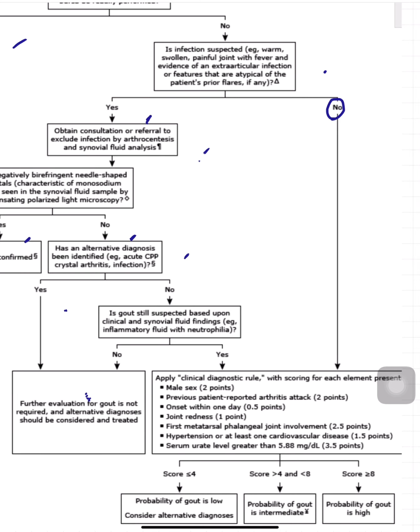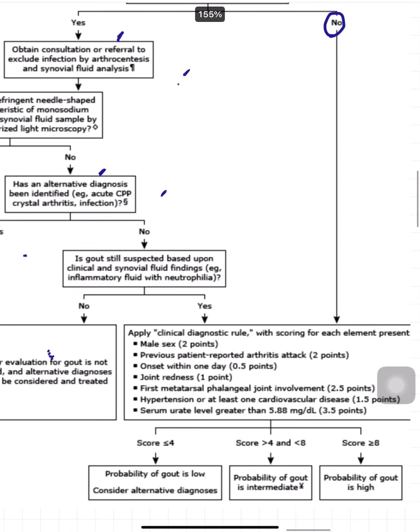and synovial fluid analysis cannot be performed, we can use the clinical diagnostic rule, which includes the risk factors for gout, like male sex and previous arthritis event, rapid onset and joint redness, and first metatarsophalangeal joint involvement at 2.5 points, and hypertension and other cardiovascular disease risks, and increased serum uric acid level.